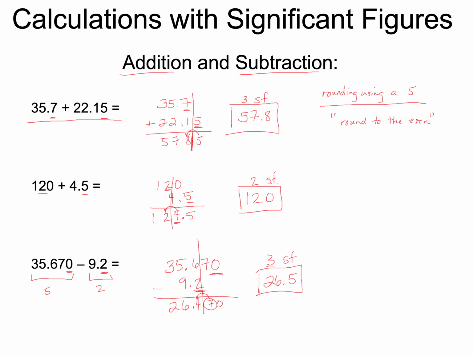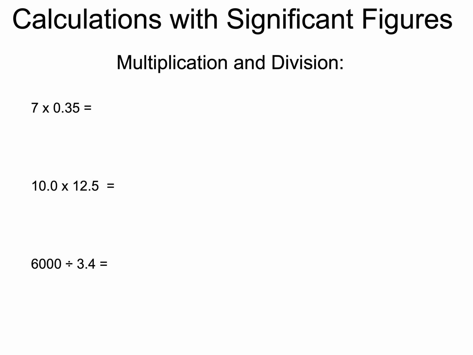So when it comes to addition and subtraction, your answer may not necessarily reflect the same number of significant figures as the numbers you used to do the calculation. So this is how you do addition and subtraction. For multiplication and division, it's a little different.